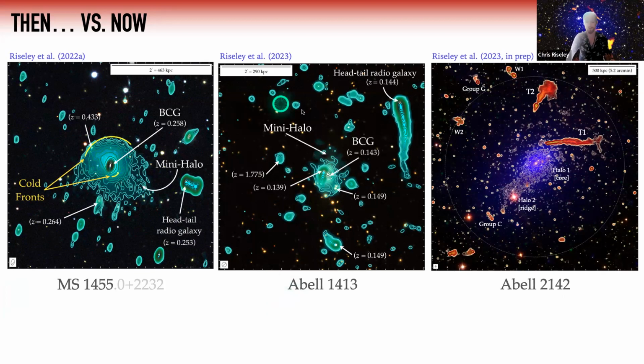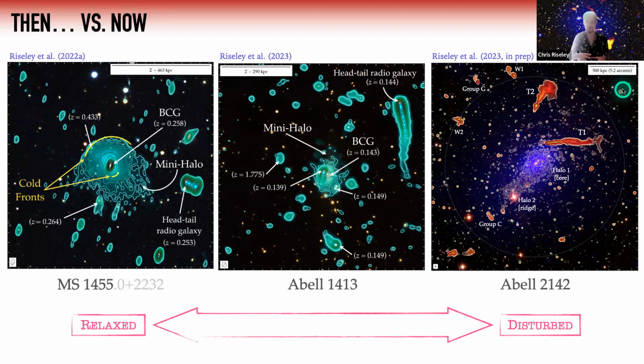These first 2 have been published last year and earlier this year. And then Abell 2142 is the latest cluster to be written up by myself, and the paper is getting into a good advanced draft state. Coincidentally, these clusters form a sliding scale between relaxed, non-merging systems, because MS 1455 is very much relaxed, to disturbed clusters, because Abell 2142 is a merging system that is known to host some cold fronts.